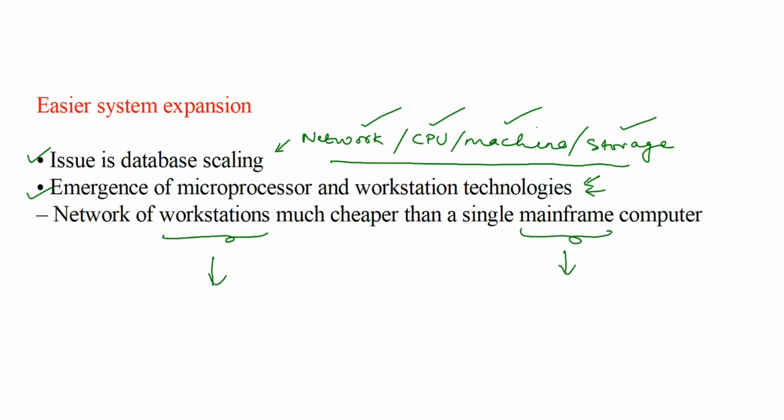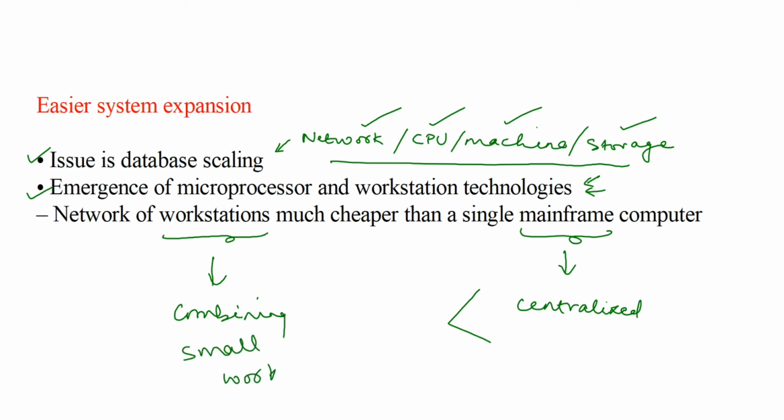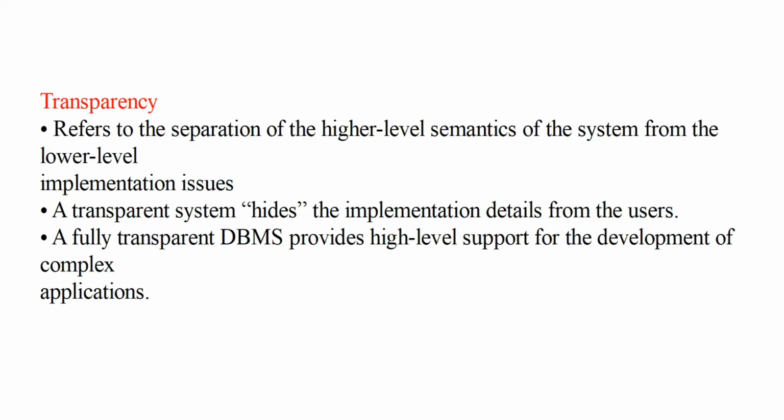If we buy a single mainframe for a centralized database system, it will be more expensive than combining multiple small PCs and workstations. So the cost of combining small workstations will obviously be less, because they are cheaper.